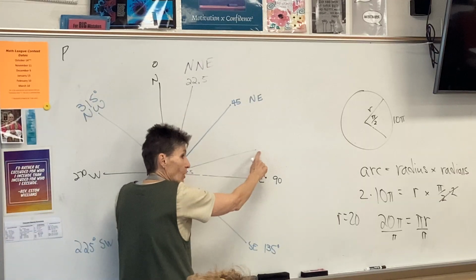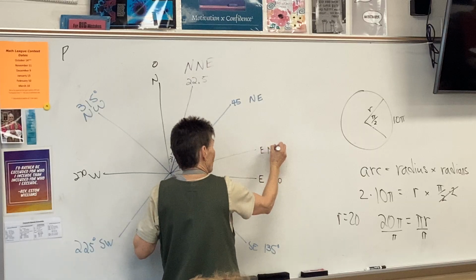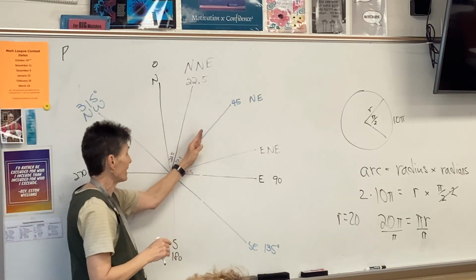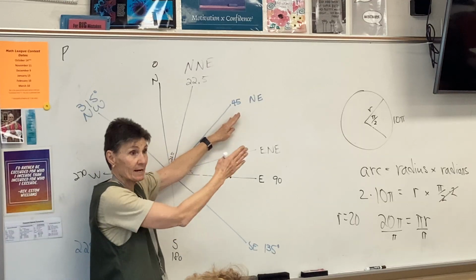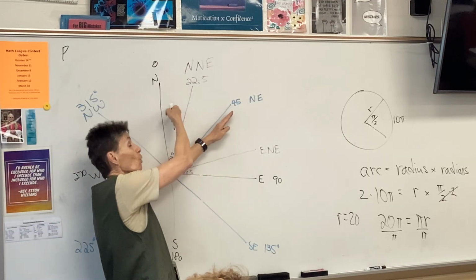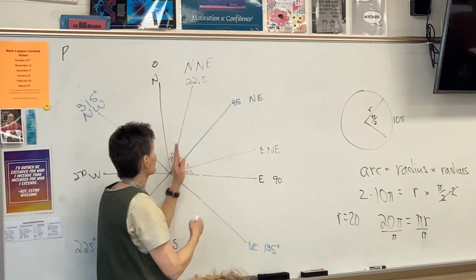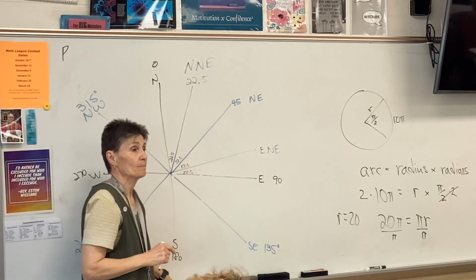Guess what this one's called? East northeast, because he is on the east side of the northeast line. My arm is the northeast line. This is on the north side of it. This is on the east side of it. So north northeast, east northeast.